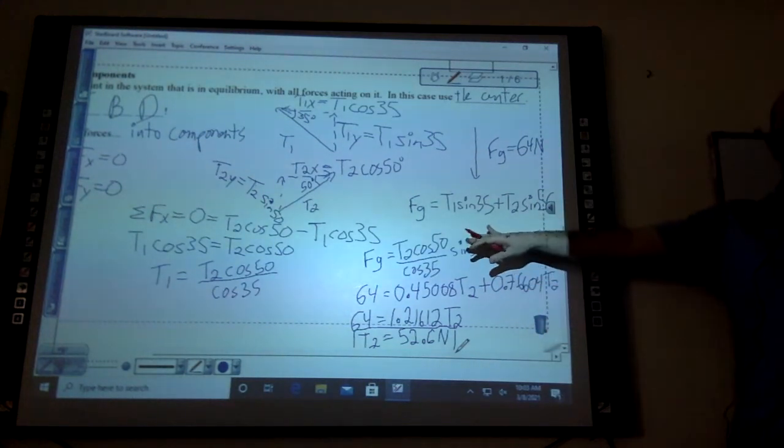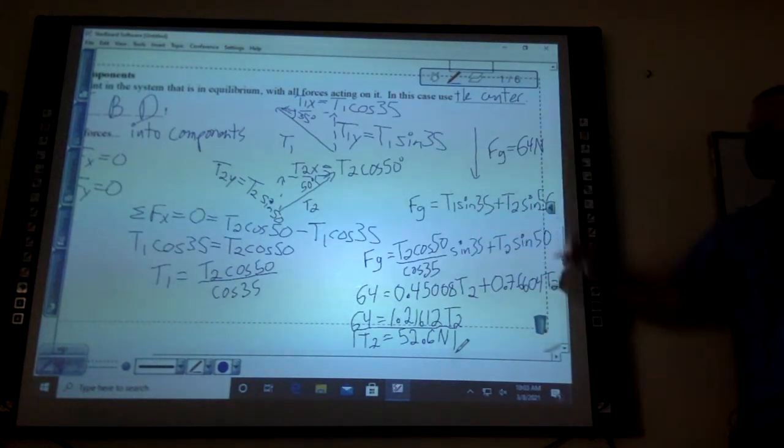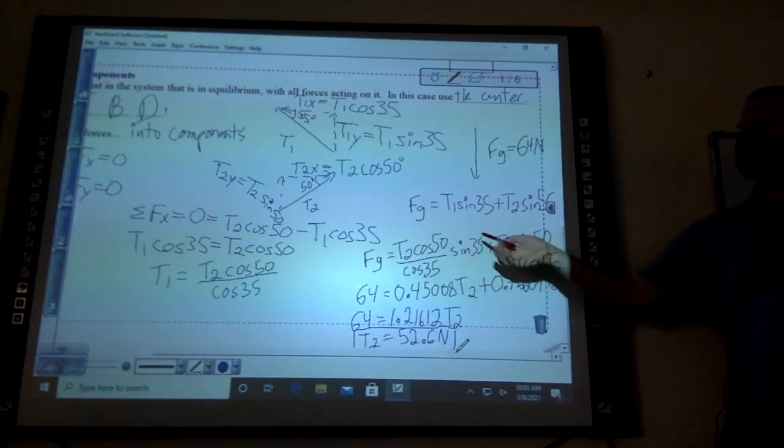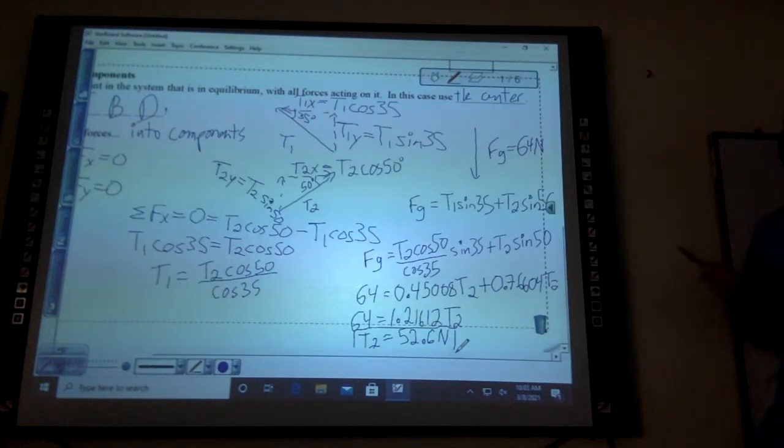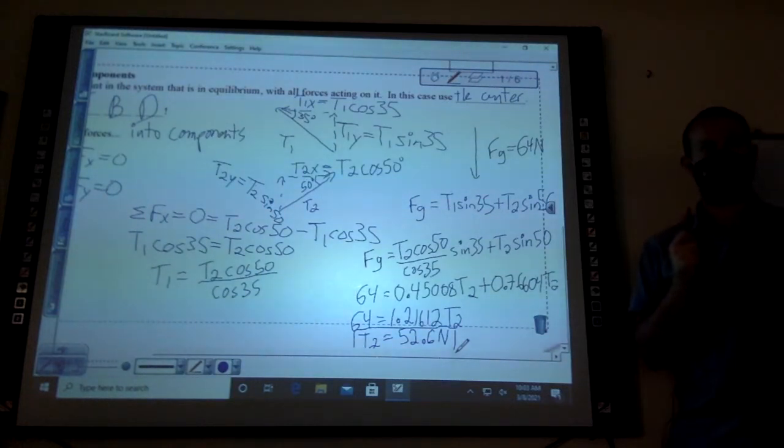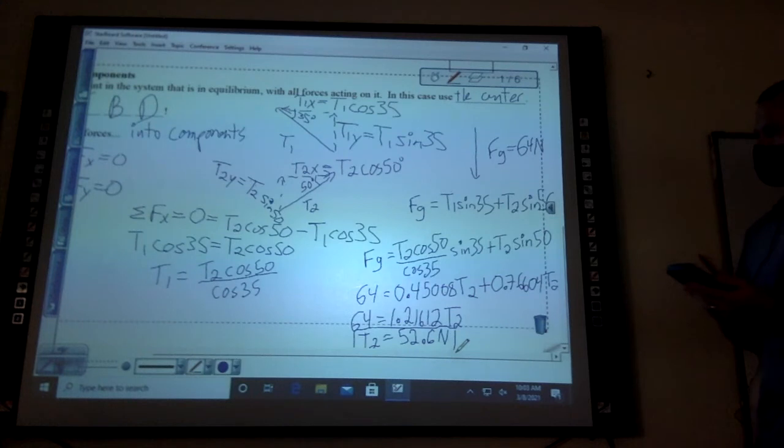You're going to end up with equations with lots of sines, cosines, whatever. If it makes you more comfortable, switch it into numbers. Just be very careful when you do that with rounding. Because if I try and do this without rounding, let's see, cos 50 divided by cos 35 times sine 35 plus sine 50.